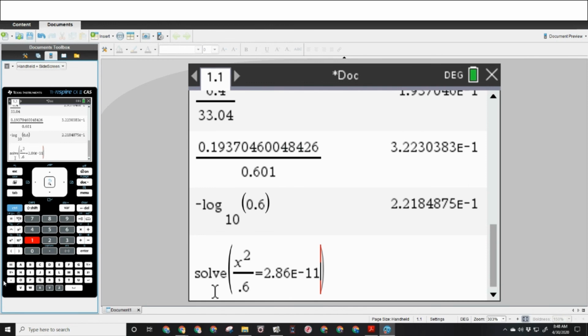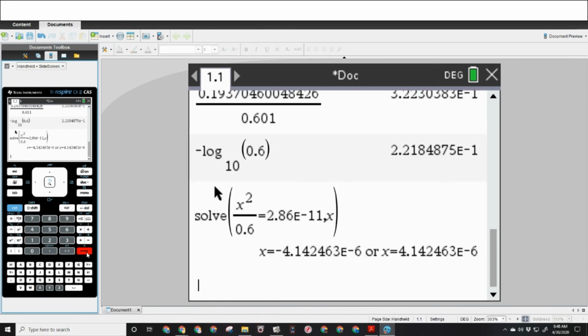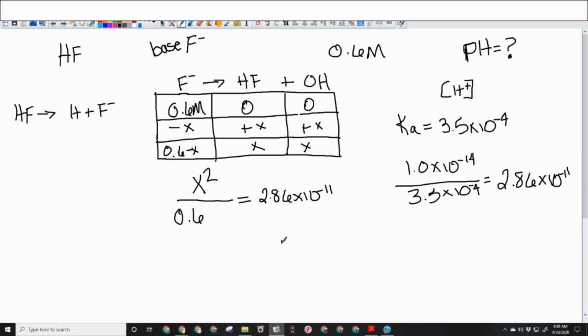Okay, solve for x. 4.14 times 10 to the negative 6. All right, that's the concentration of the OH.